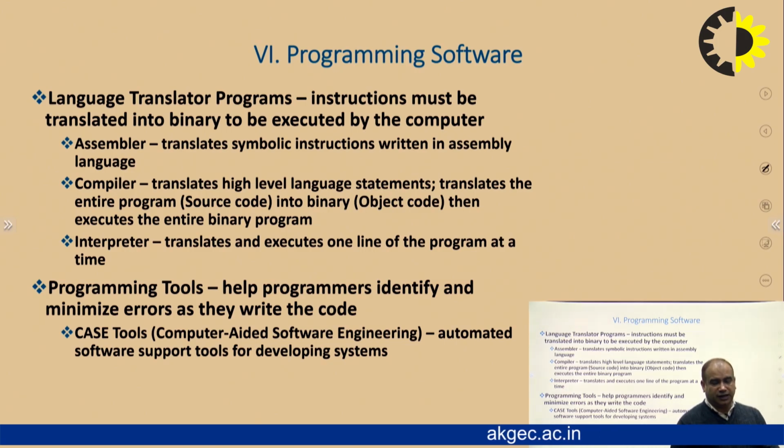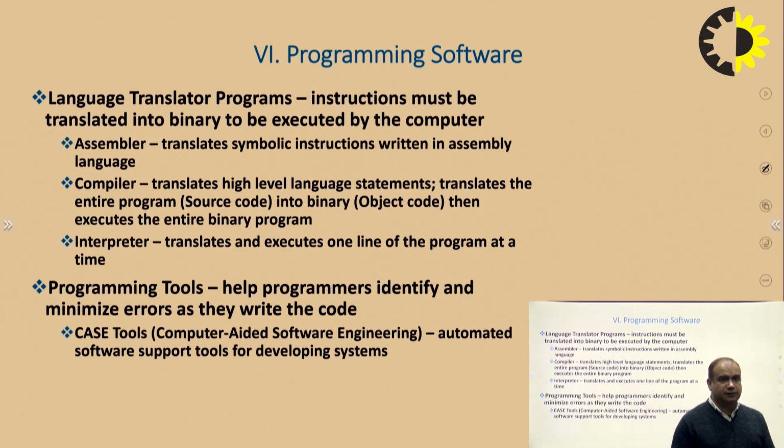If any error is found in that code, it stops the execution, and first it displays the error, what the error is inside the program, that can be a syntax error or any kind of error, which will be displayed to the user, who will rectify it and then it is recompiled.